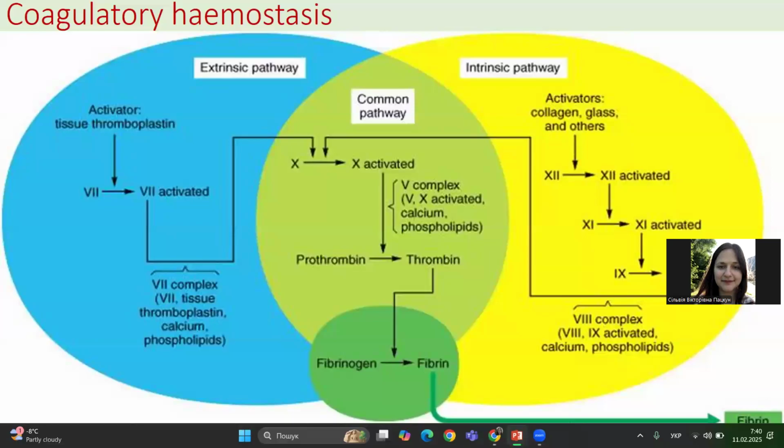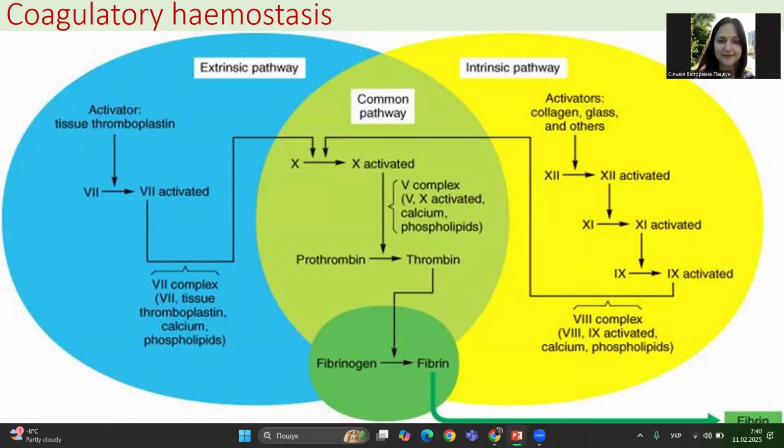Activation of secondary coagulation hemostasis can occur by two pathways. Extrinsic pathway activator is tissue thromboplastin. It activates transformation of the seventh factor to its active form. Then the seventh complex activates the tenth factor.